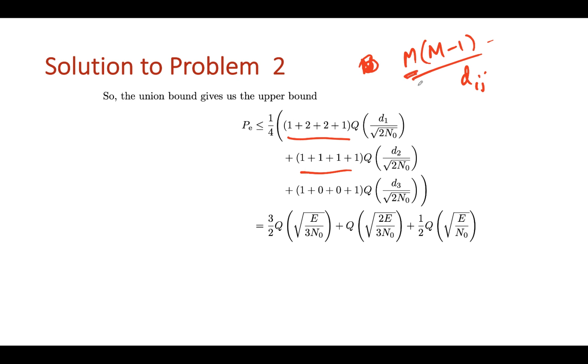Here m is 4, so you will have 4 times 3, 12 terms, and all the 12 terms are here: 1, 2, 3, 4, 5, 6, 7, 8, 9, 10, 11, 12. So these are the Q functions, and then you have the final expression for your probability of error with the union bound. You can do this problem separately by calculating all these dij's, and it should give you the same result.